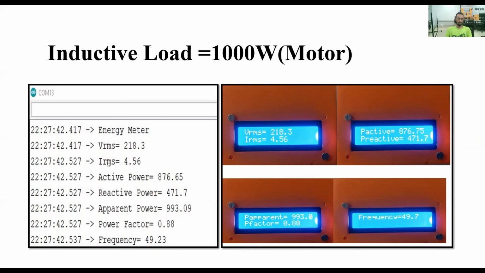We can see the IRMS is largely increased because the load is very high, and the VRMS is decreased slightly because of the increase in load at the load side. This is the active power. Reactive power also, we can see the reactive power is 471.7, and apparent power, power factor and frequency. The power factor is also decreased due to inductive load.